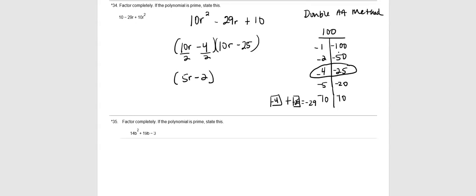For 10 and 25, the greatest common factor is 5. And then that leaves us with 2r minus 5. So our final answer is 5r squared times 2r. 5r minus 2 times 2r minus 5.